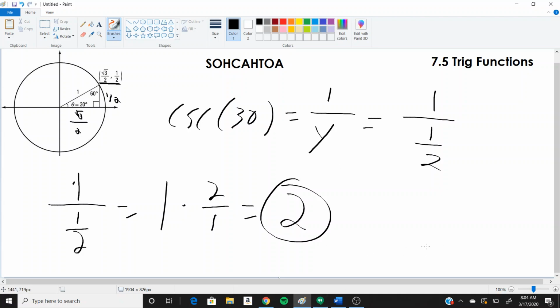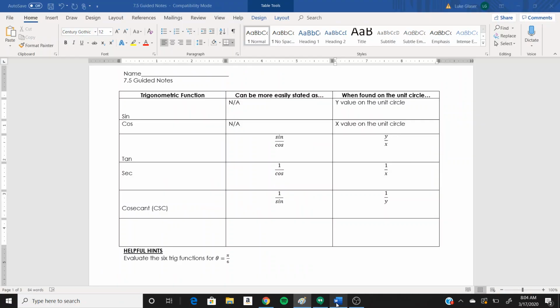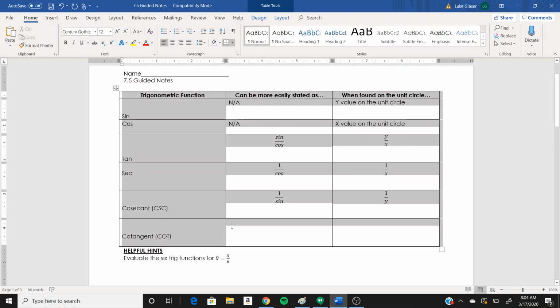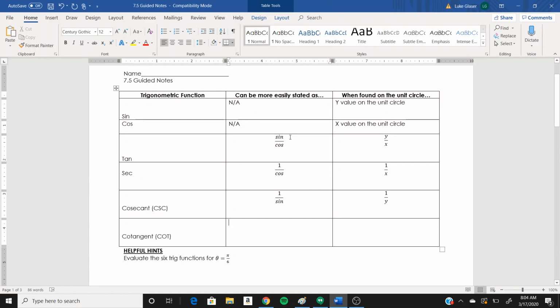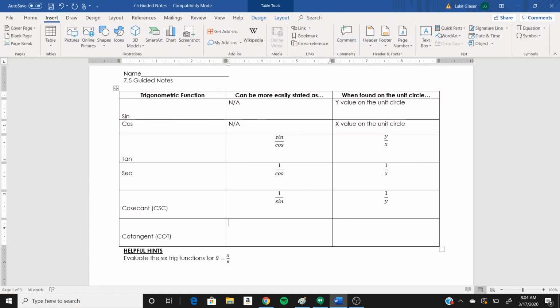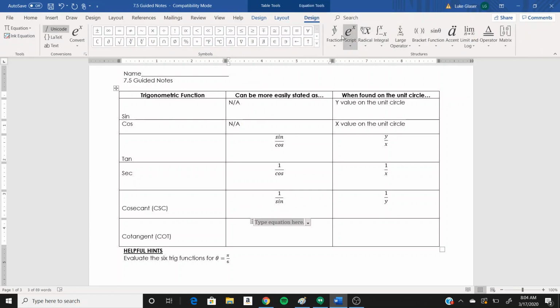And the last one we're going to learn is cotangent, which is COT. If tangent can be more easily stated as sine over cosine, then cotangent can be more easily stated as cosine over sine.